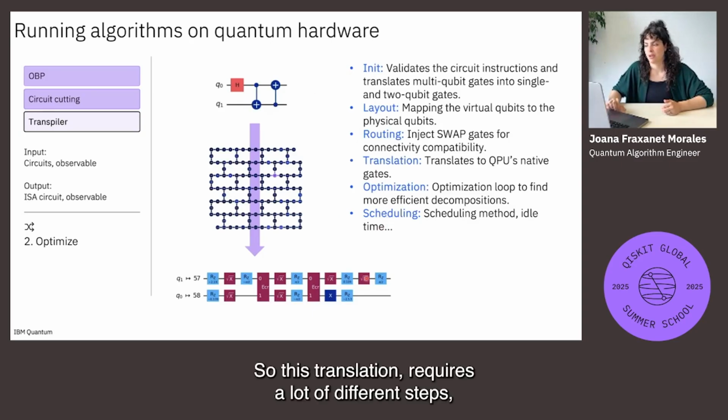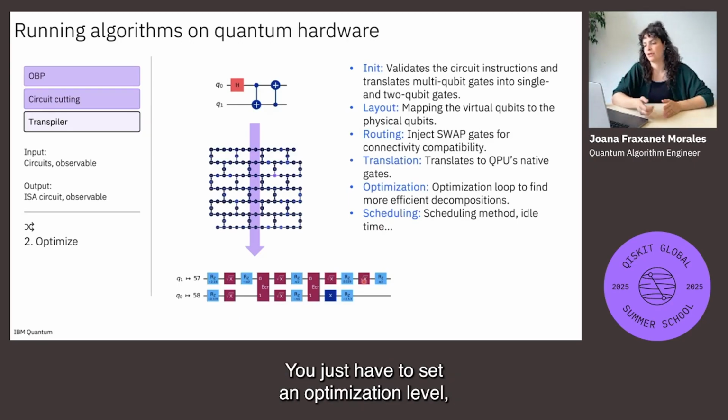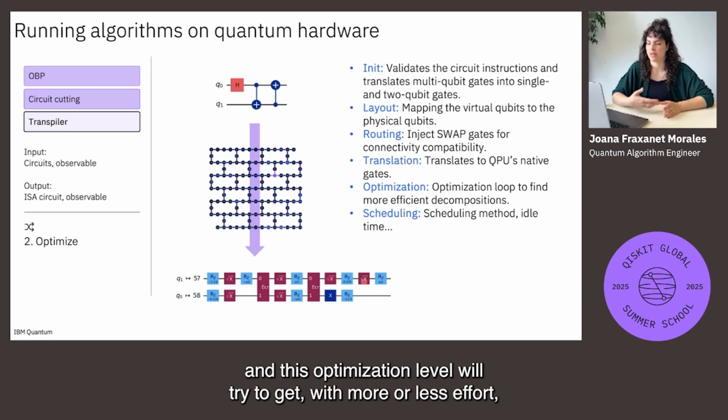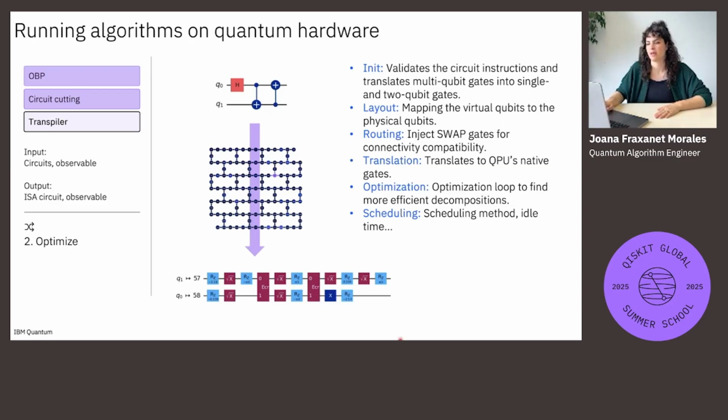So this transpilation requires a lot of different steps, but in principle, Qiskit does this for you, so you don't have to worry. You just have to set an optimization level, and this optimization level will try to get, with more or less effort, the best mapping and the best transpilation of the circuit into the device.